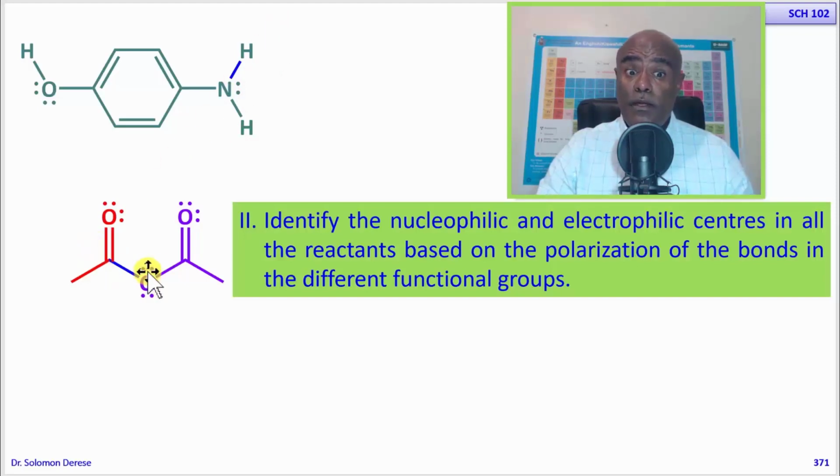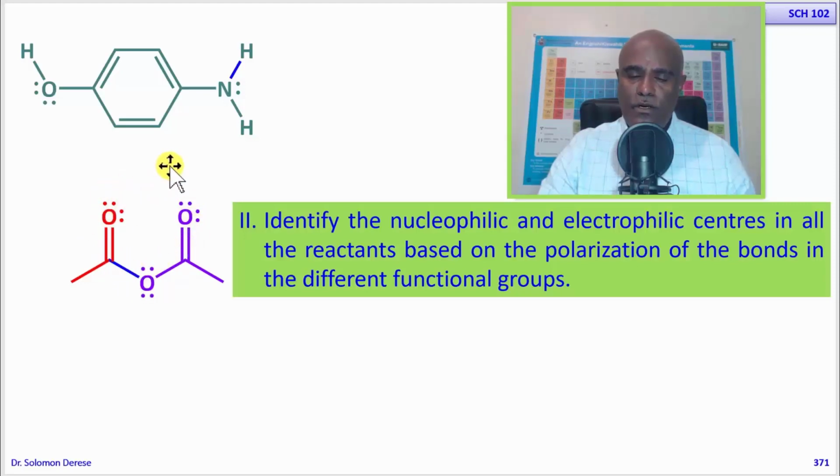Similarly, we come in here. In here, we have a carbonyl carbon here, oxygen here, another carbonyl carbon, and an oxygen here. Okay, so this bond is between carbon and oxygen. This bond is another polarized bond between carbon and oxygen. This is also a bond between carbon and oxygen. So these are the polarized bonds.